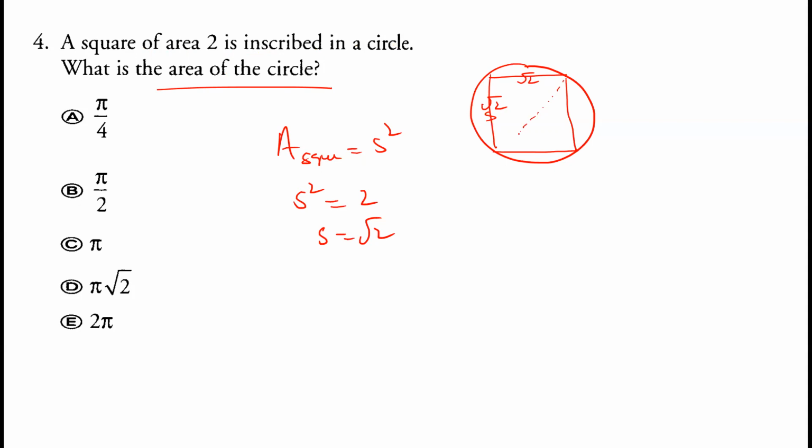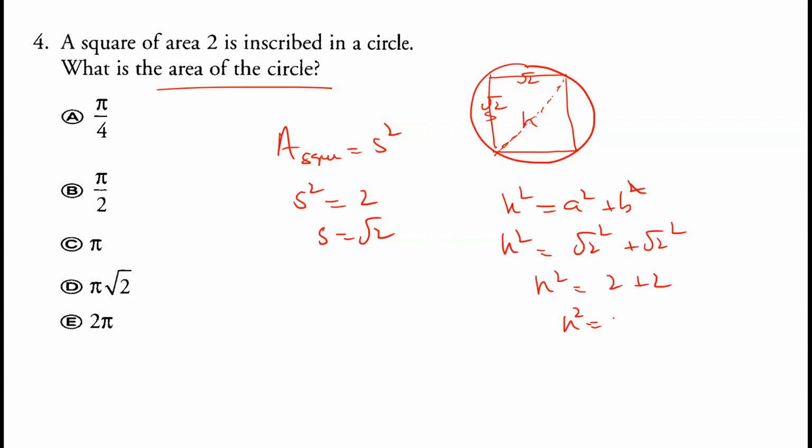Now the diameter of this circle would be the diagonal of this square. So the diagonal h would be h square equals a square plus b square. That is again the Pythagoras theorem. So h square equals under root 2 square plus under root 2 square. So h square equals 2 plus 2, or h square equals 4, and we have h equals 2. So this is your diagonal.